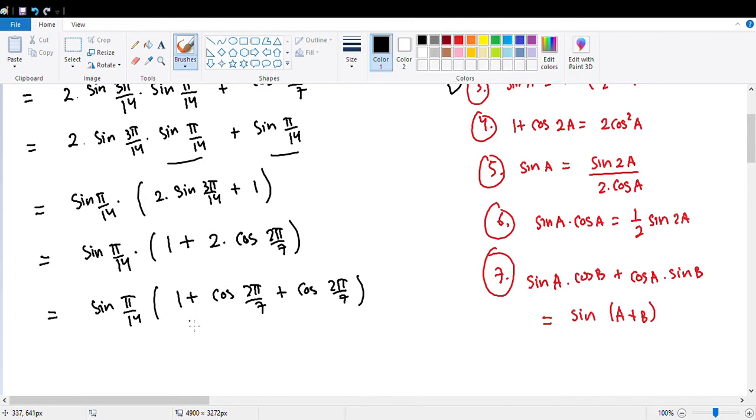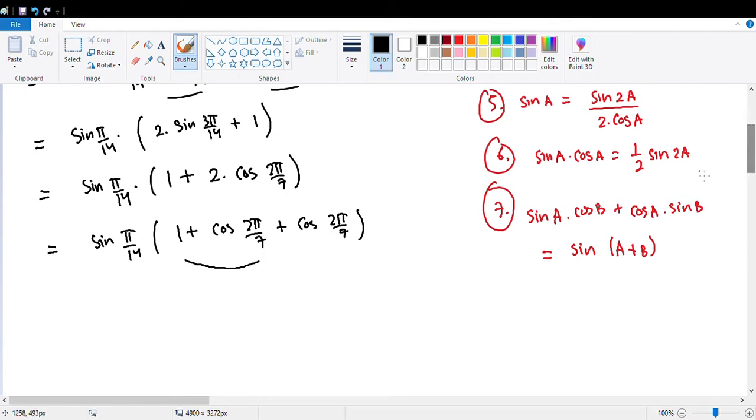Now we can see 1 plus cosine 2 pi over 7, and we can apply formula number 4, that is 1 plus cosine 2 alpha is equal to 2 times cosine squared of alpha. And then our expression becomes sine pi over 14 times (2 times cosine squared of pi over 7 plus cosine 2 pi over 7), right?